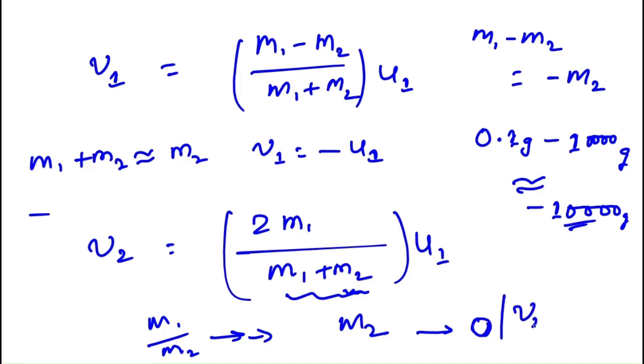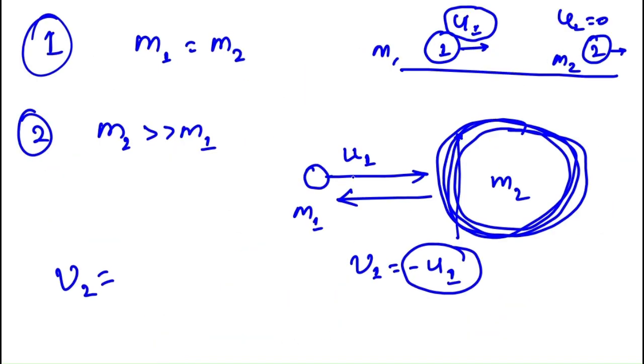In that case, V2 is nearly 0. If this body is much bigger and heavier, the first body is going to hit and return back, but this body is not going to move apparently.